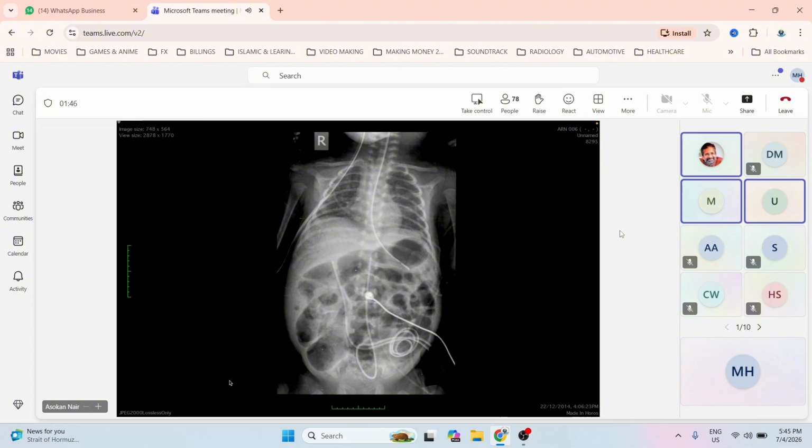The UAC tip is also, I think, malposition, in which in this image is located at the level of T12. So I would expect the high position would be on T6 until T9, or in low position would be on L3 until L5. Okay, apart from that, the gastric tube is in situ.